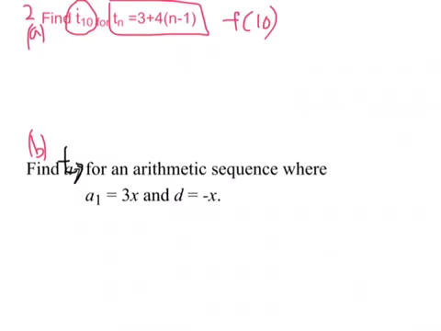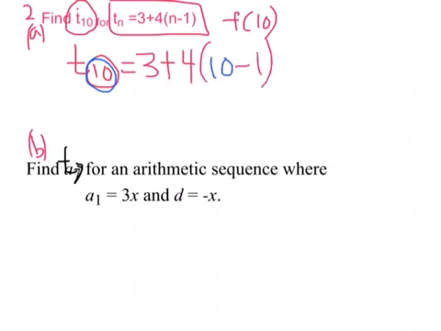So T10 equals 3 plus, so everywhere where I see an n in the formula, I have to substitute in 10. 3 plus 4, circle that 10 there, 10 minus 1, and that, of course, goes in brackets.